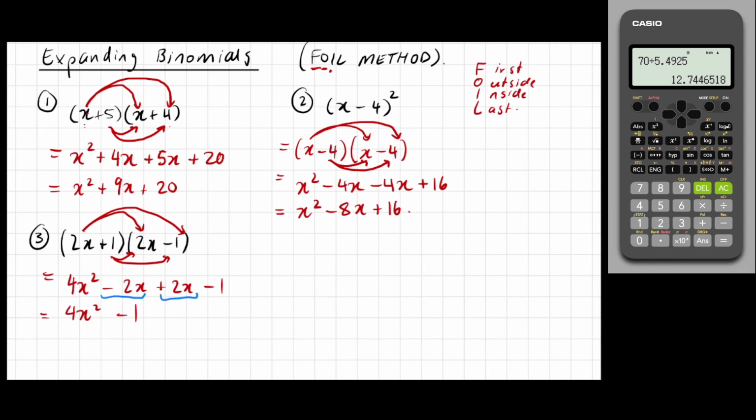That term disappears, and so we end up with 4x squared minus 1. We call that a difference of two squares, because we end up with two square numbers as our solution. 4x squared is the same as 2x all squared, and 1 squared is just 1.